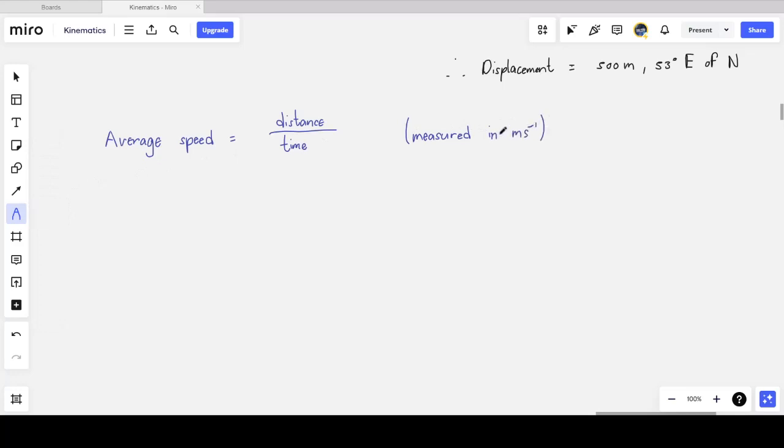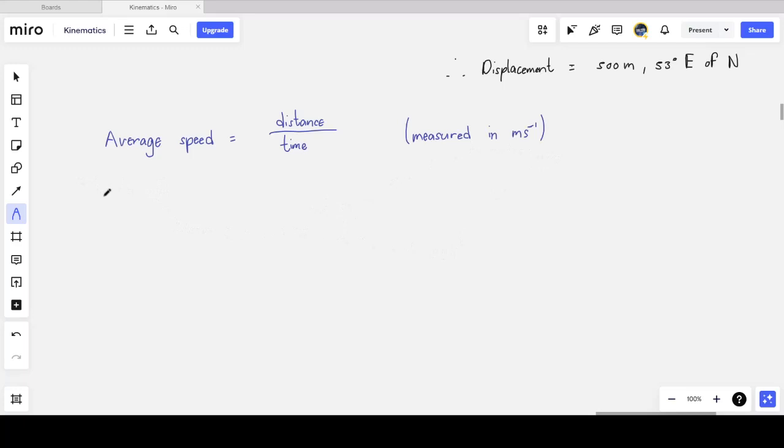If anything in this crash course is feeling a bit unfamiliar, my suggestion would be to look at something done in IGCSE, in a textbook from IGCSE, on the topic of equations of motion, or on the topic of kinematics, or motion in general. But average speed is distance over time, measured in meters per second.